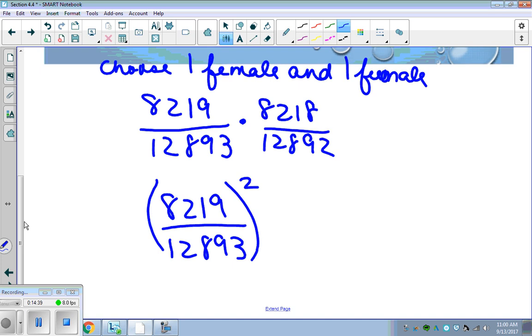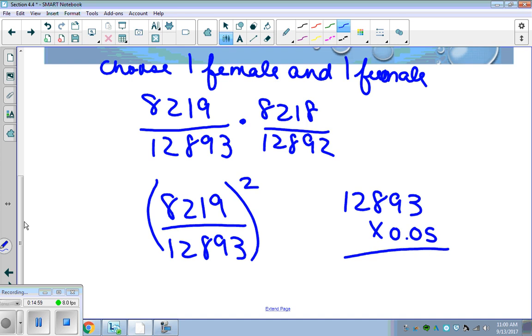So if I wanted to check to see if I could use this rule, what I would do is take 12,893, because that's how big my population is, and multiply that by 0.05. Somebody do that for me, because that's 5%, right?